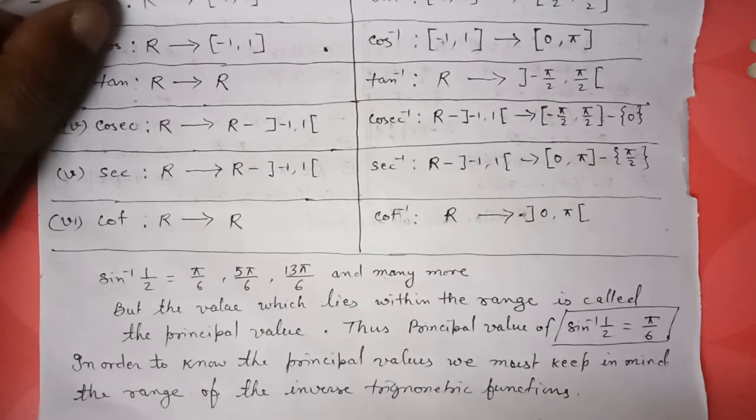What is the principal range of this inverse sine function? This is -π/2 to +π/2, and this value lies within the range. In order to know the principal values, we must keep in mind the range of the inverse trigonometric functions.